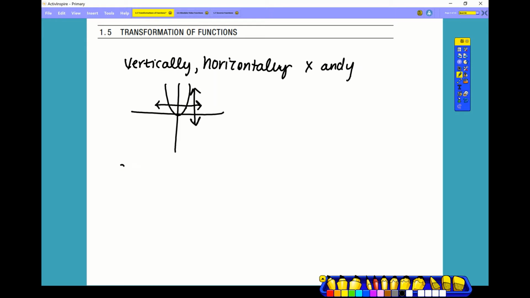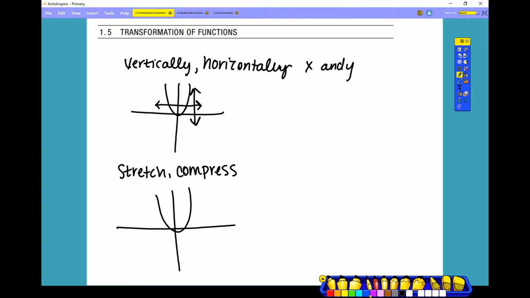Another thing we can do is stretch them or compress them. If I had my original function and I were going to compress it, it would be changing in this direction.